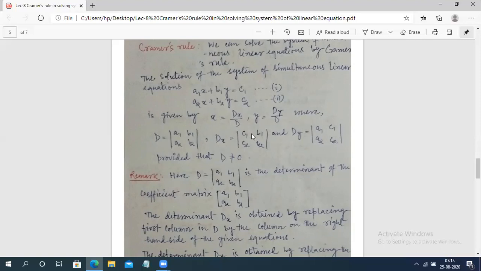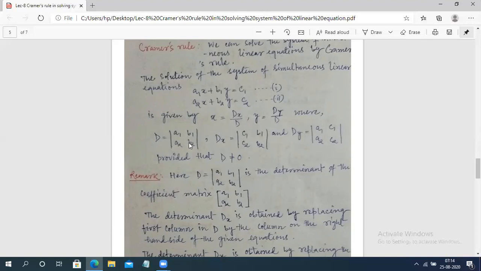So this is the formula. That means first find the determinant D. Because we are dividing dx by d, D should be non-zero. If it is non-zero, then we can apply Cramer's rule.